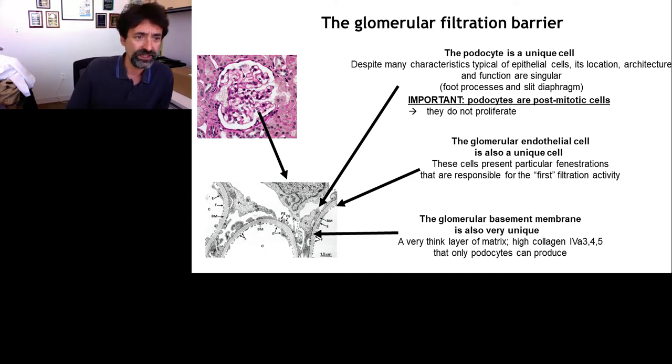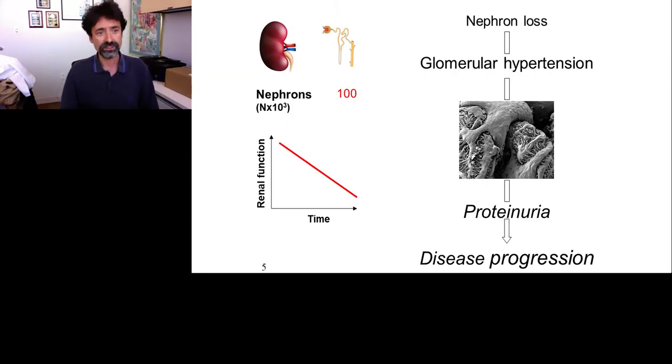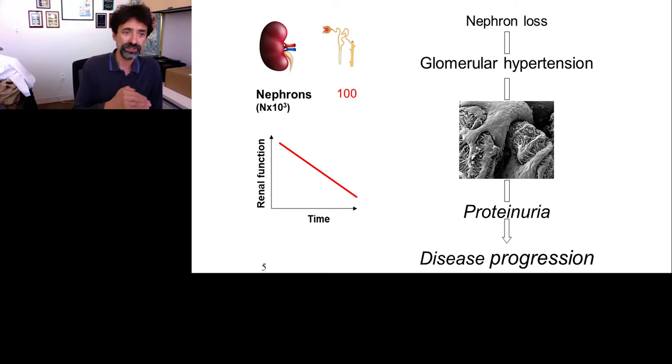So as we said, we're born with about 1 million nephrons, and over time, patients that develop chronic kidney disease have a progressive reduction of these nephrons, up to a certain extent that requires renal replacement therapy either by dialysis or by transplant.